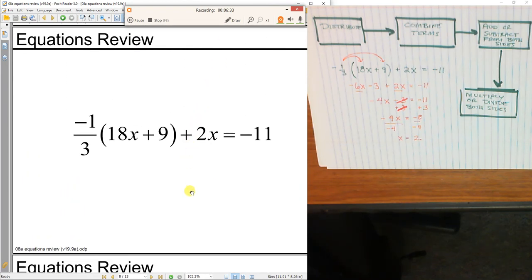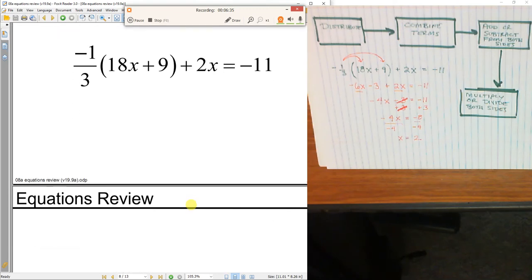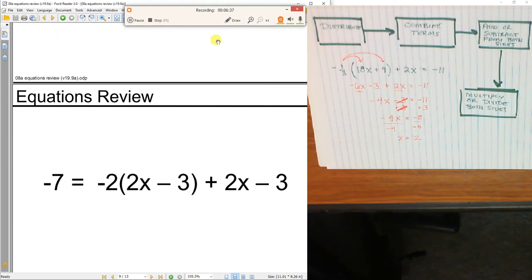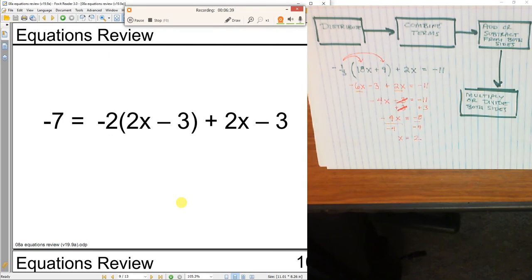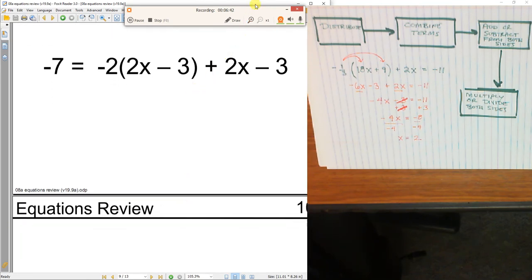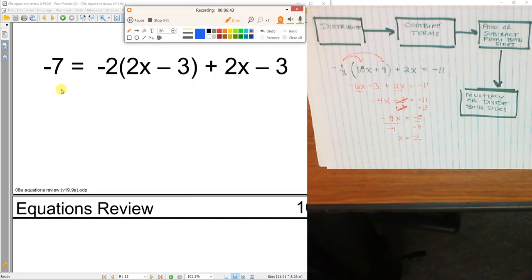I did this one in my notebook. Negative 7 equals, here's distribution, negative 4x plus 6 plus 2x minus 3. There's the distribution.